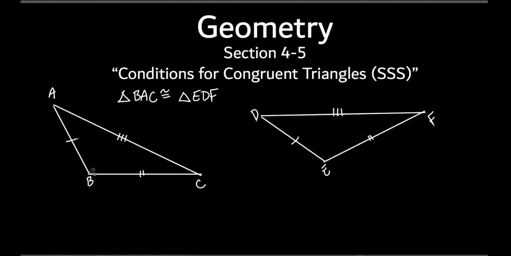So angle B is opposite the side with how many tick marks? 3. So you look over here. Look for the side that's got 3 tick marks. Okay, so what angle is opposite? E. So that means that angle B equals what? Angle E. You see that? So that means the B and the E have to be in the same spot. You with me on that?